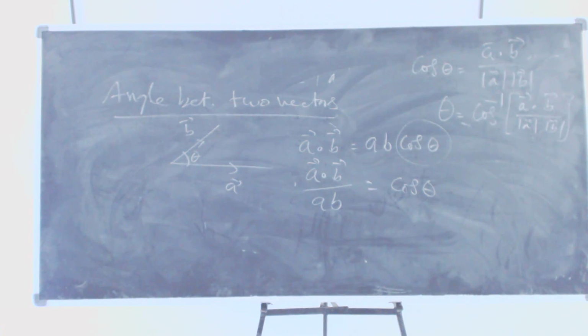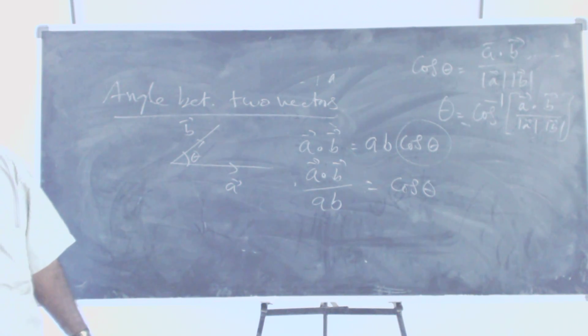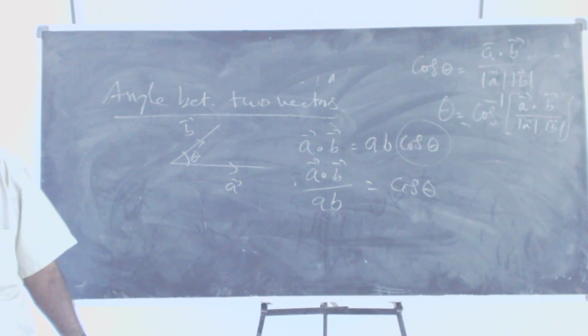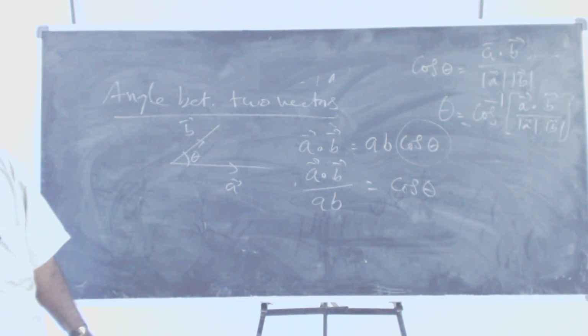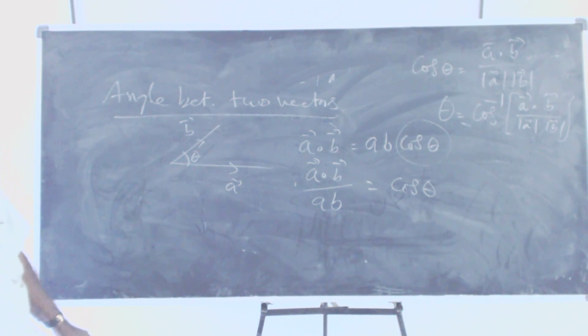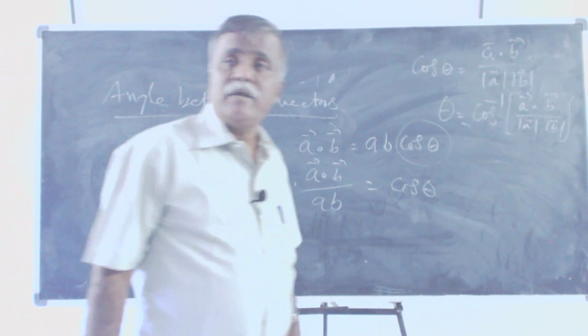Perpendicular means immediately I can say theta equal to 90. So while doing angle between two vectors problems, the first step is to find the dot product. If it is non-zero, then only you proceed to find modulus of a and modulus of b. So the first step in finding the angle between two vectors is the dot product. You know how to find modulus of a given vector from 11th standard.